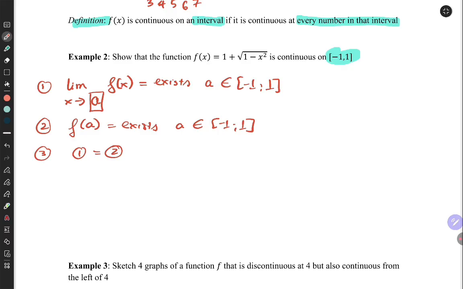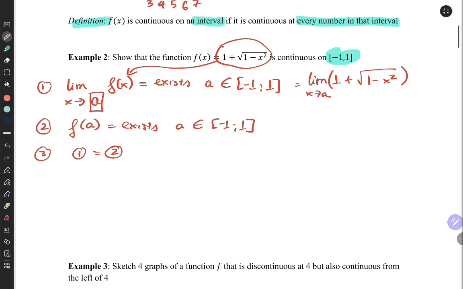Okay, one by one. The limit when x approaches a of f of x, plug it in. a is just arbitrary. But you look at the function and ask yourself, can I plug in? Yes, you can plug in. It's not 0.